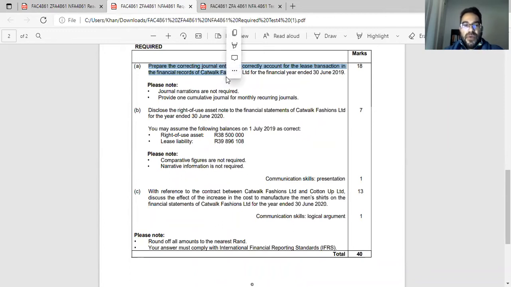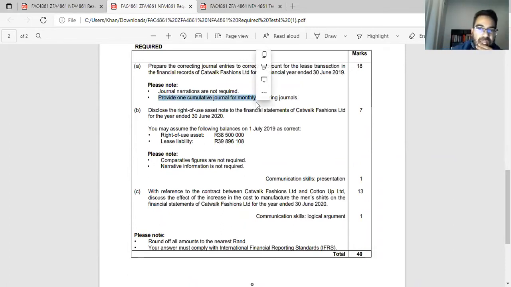Remember what they mean over here. Because the payment happens every month, they're not saying you must do 12 journal entries. They say just lump all the payments into one journal entry. So just take note of that, because someone may spend the whole afternoon, the whole hour writing the 12 journal entries for the payment, where you just need to make one journal entry for the payments.